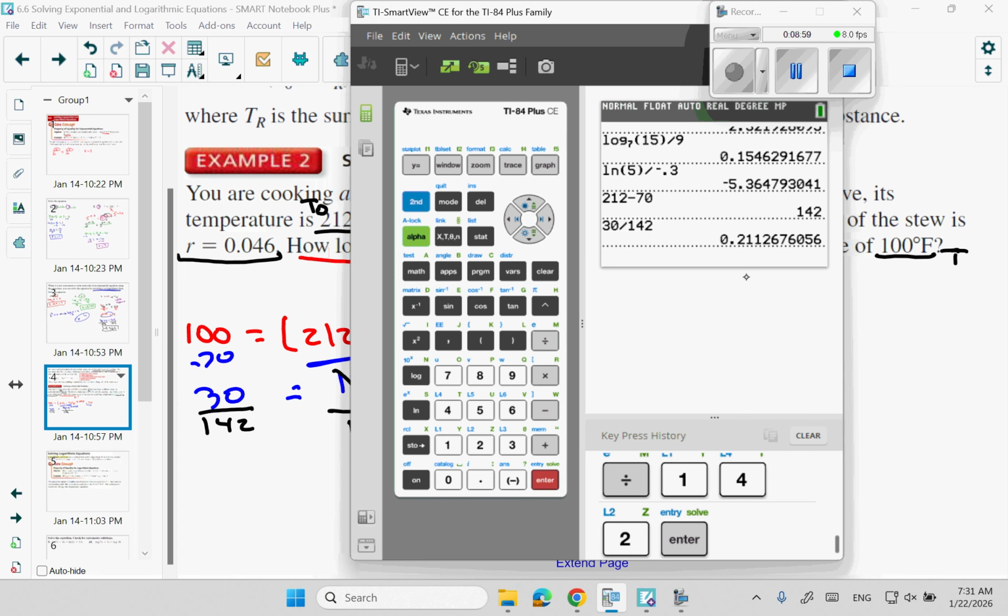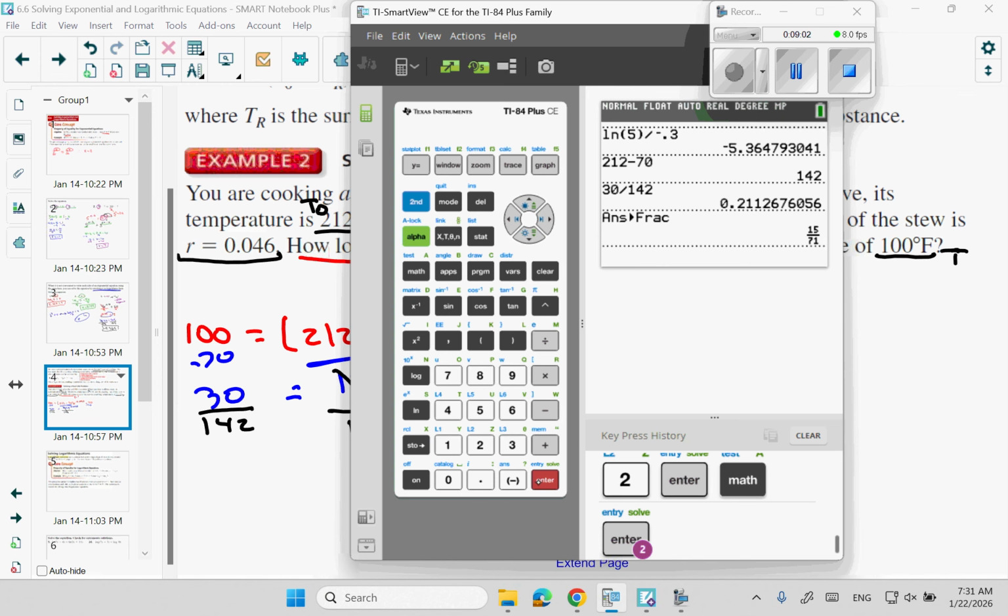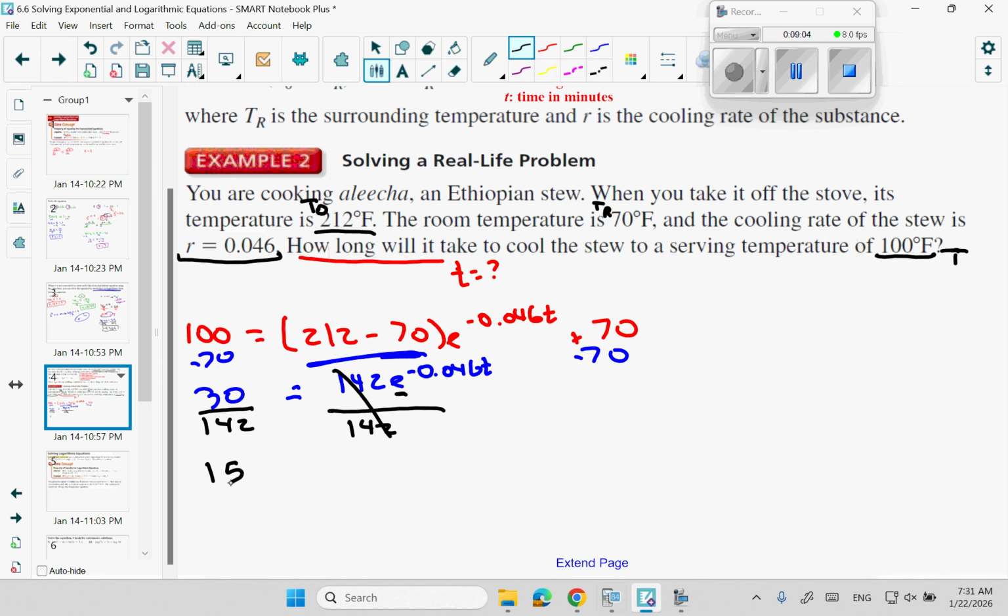We get that right there. Does that have a nice fraction? 15 over 71. You don't have to do it as a fraction, but I just find it more consistent. And then from here, I can spiral it. Again, I'm spiraling with an e, so I'm going to do natural log.